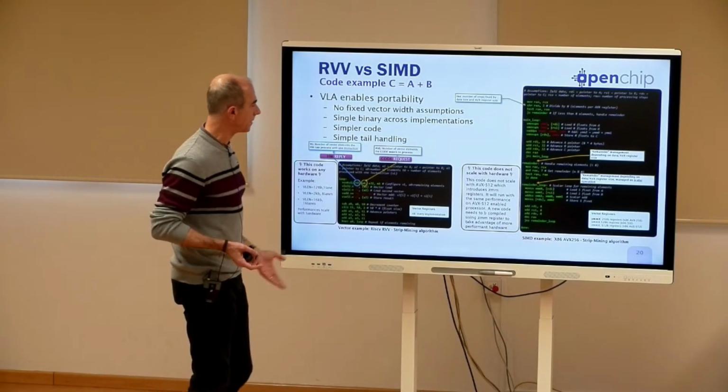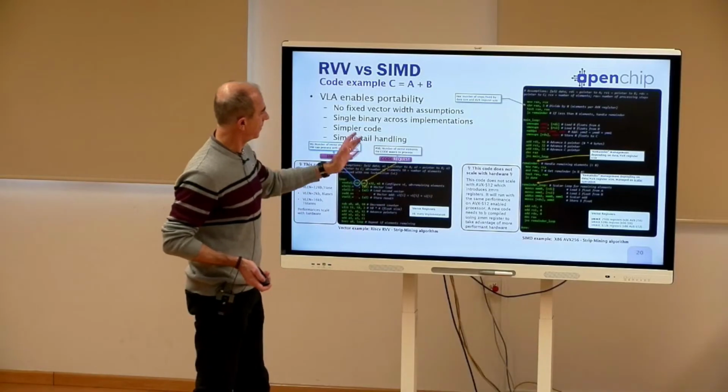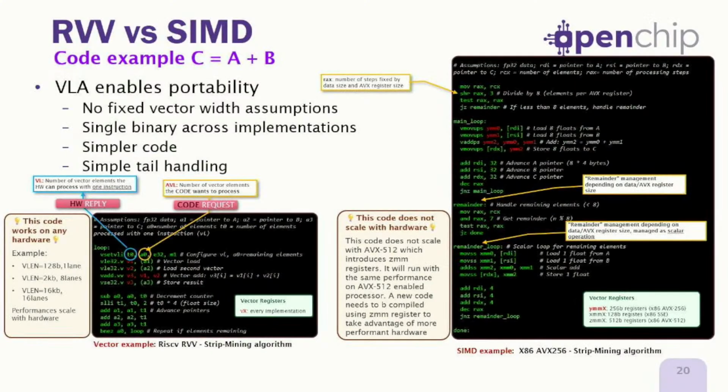And it's very simple. In this case, we don't want to go through all the code, but it is bigger because, first of all, it depends on the size of the register. In this case, you want to deal with 32-bit elements. So you have 8 elements inside these 256 registers.